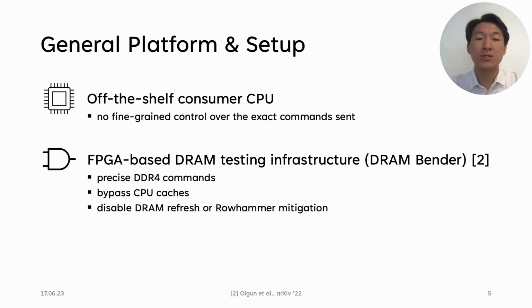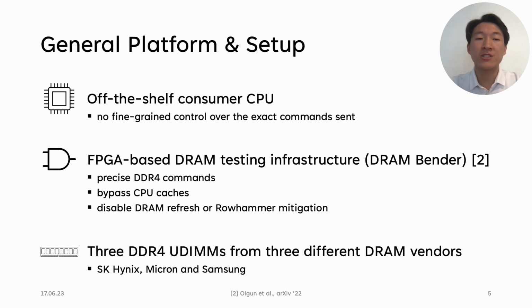It enables us to bypass CPU caches for repeated row accesses and conduct experiments without the interference of Rowhammer mitigation or DRAM refresh. In total, we evaluate 3 DDR4 UDIMMs obtained from 3 different DRAM vendors, SK Hynix, Micron, and Samsung.